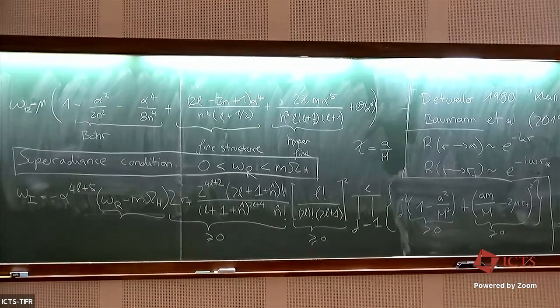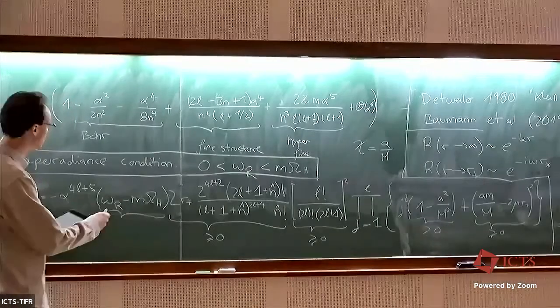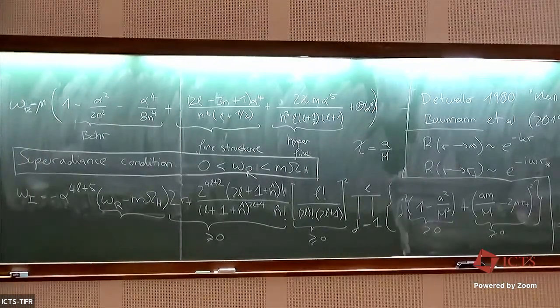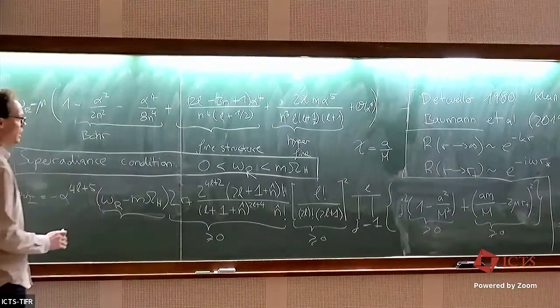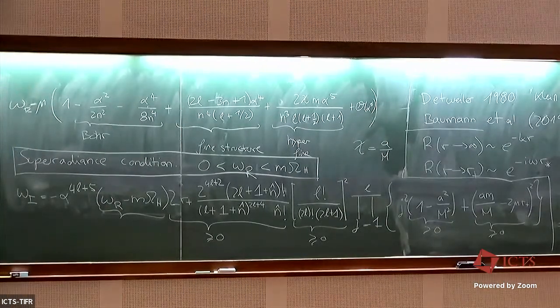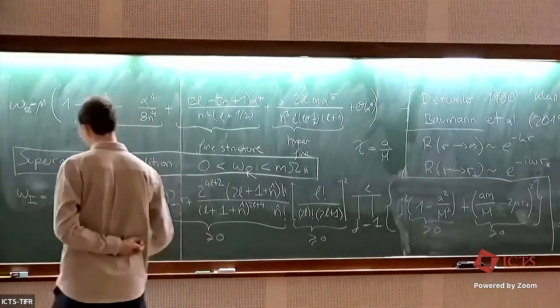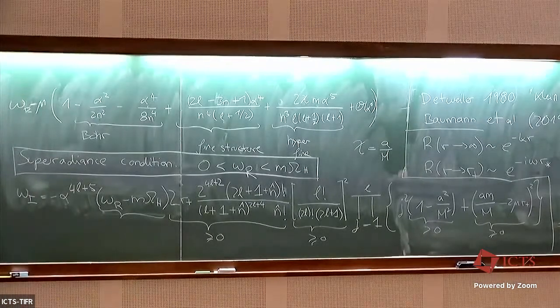So basically we have learned that under some conditions, and that is the superradiance condition, on the solution that we're actually after, if the solution satisfies this superradiance condition, then we know that our field grows exponentially.